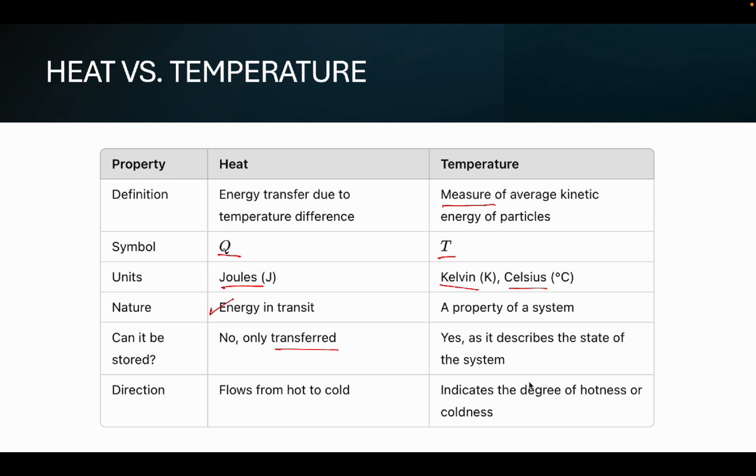As for temperature, yes, it can be stored as it describes the state of the system. The direction of heat is from hot to cold. And temperature indicates the degree, the measurement of the hotness and coldness of a body or of an object.